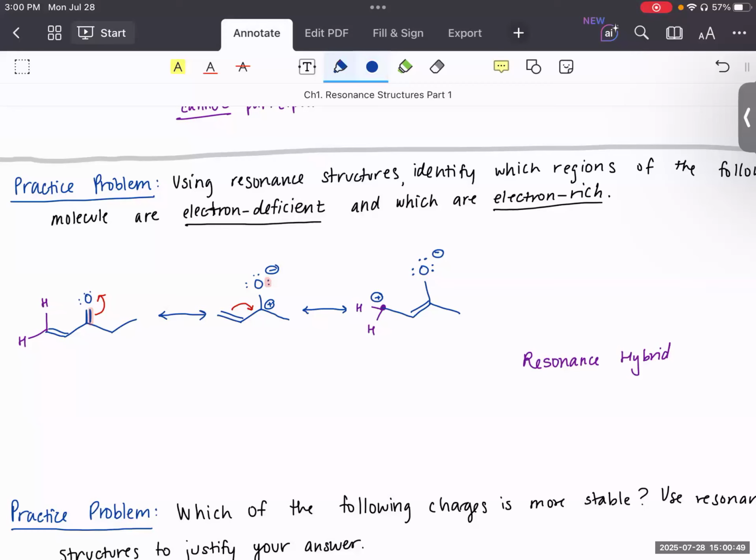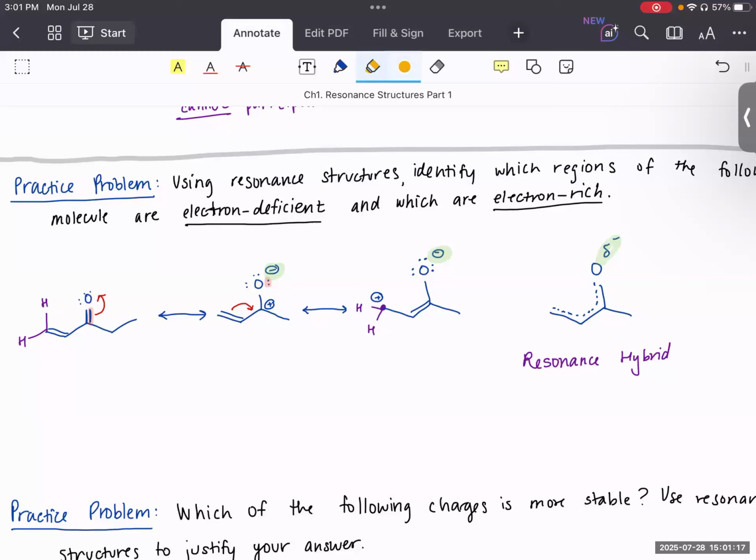And so for that, we'll do exactly what we've been doing, where we draw out the single bond skeleton structure, and then we'll add in that double, or that dashed line, to represent the location of the double bonds across the structures. And then we'll add in our deltas corresponding to where we saw charges in the initial structure. So here we had negative charges on the oxygen, so we'll have a delta minus right here.